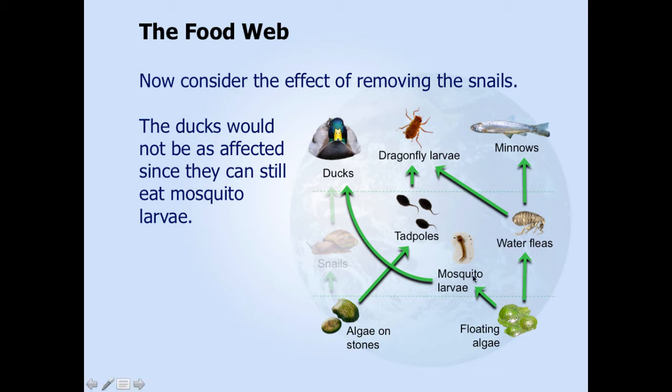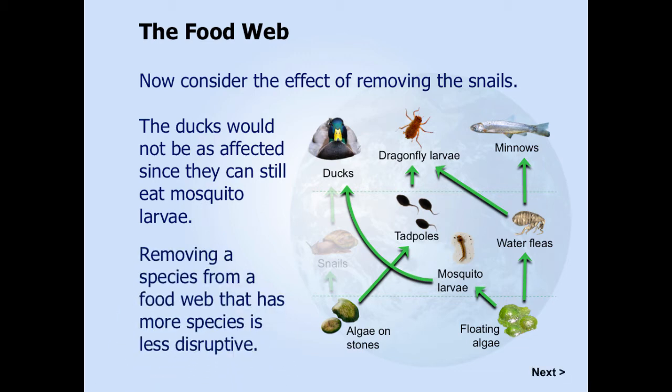Then you have your mosquito larvae, water fleas, and tadpoles as our primary consumers, and minnows, dragonfly larvae, and ducks as our secondary, even third level consumers. So the duck wouldn't be as affected if it could still eat mosquito larvae and other things, even if the snail's wiped out.